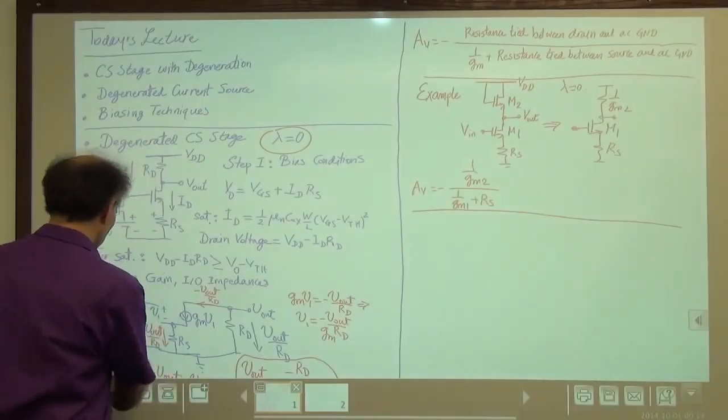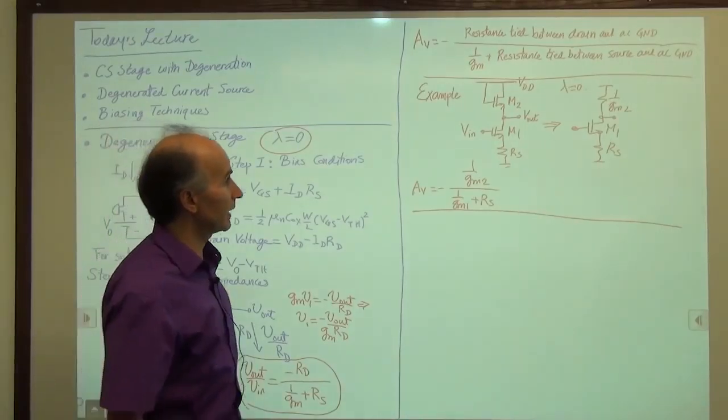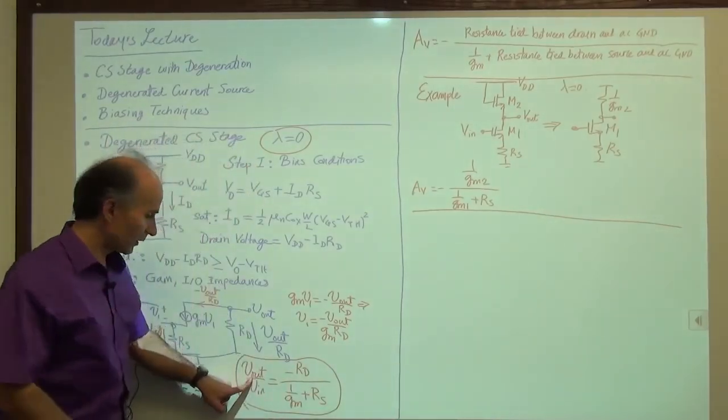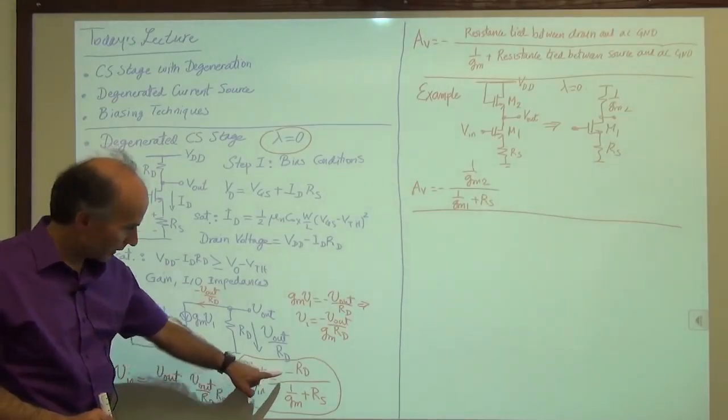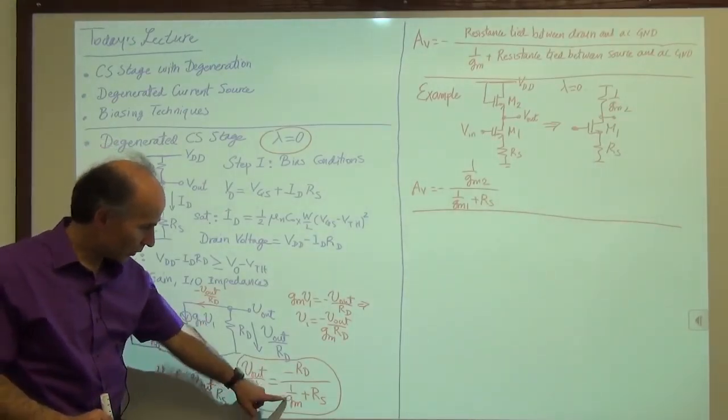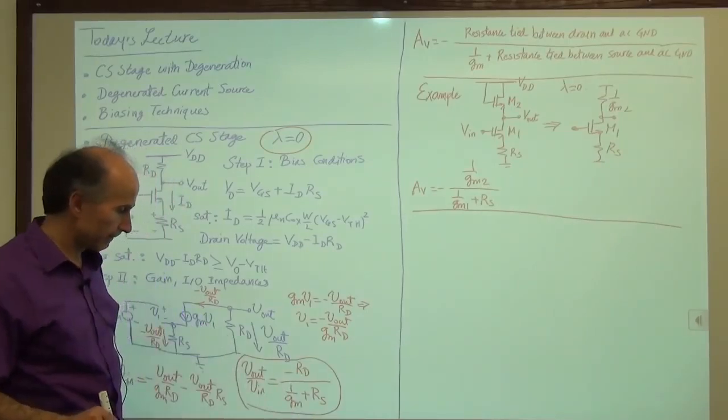Okay, so what we see here is that the voltage gain of the common source stage with degeneration is equal to minus RD over 1 over gm plus RS.